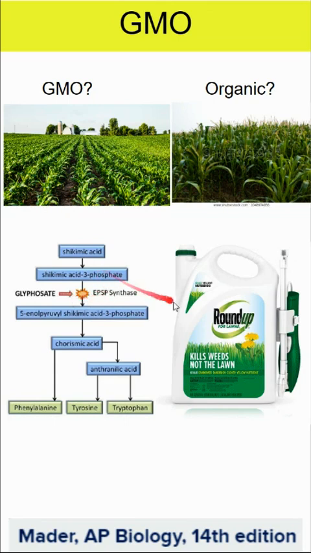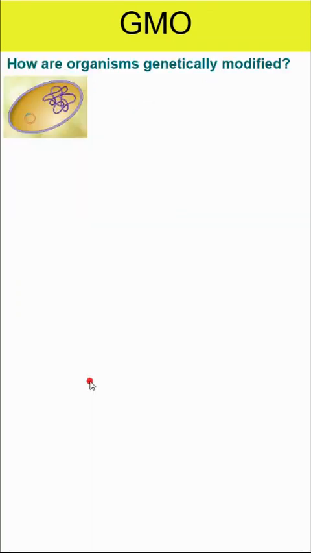So ultimately, you can spray Roundup on genetically modified corn because it has a special enzyme that won't be broken down, and every other plant that gets in contact with it that doesn't have this enzyme will die. So how are they actually genetically modified?